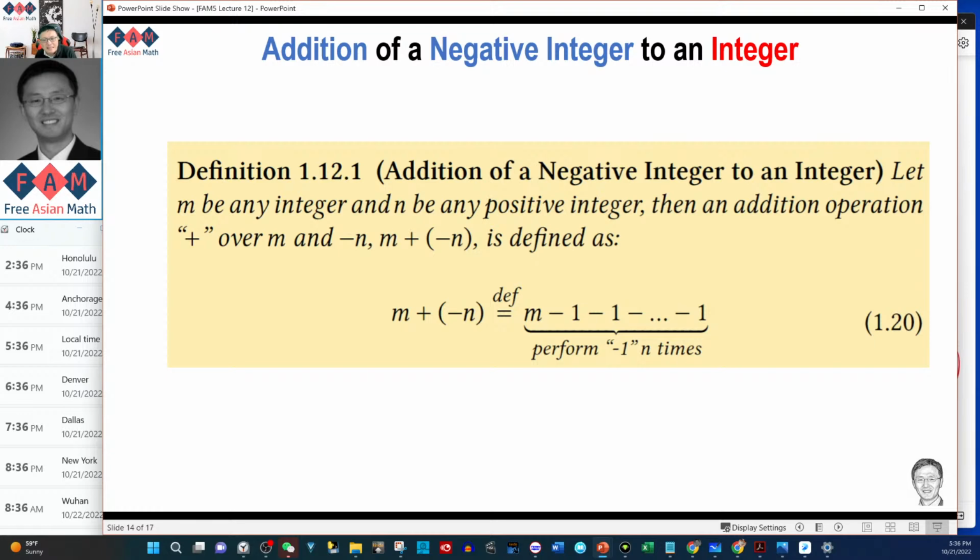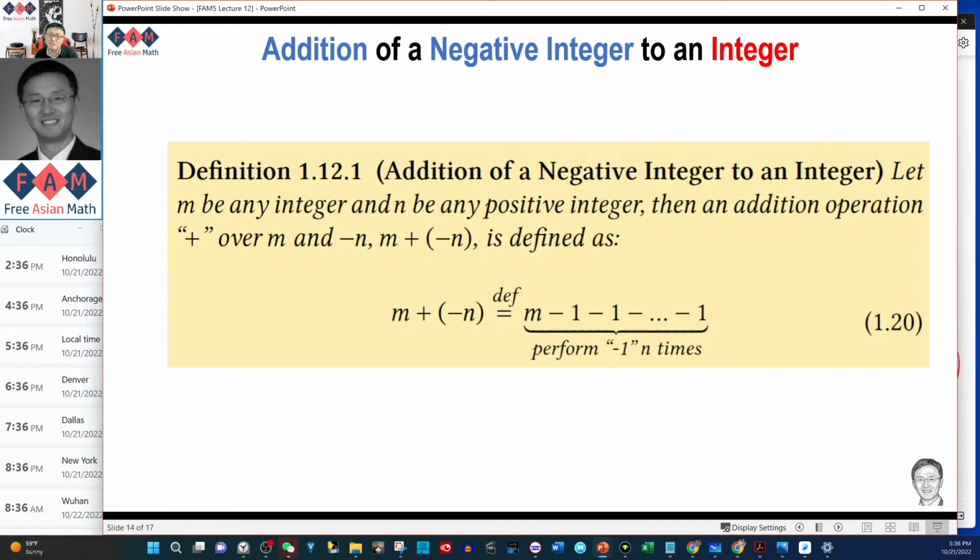We just want to decrement n times from the first number, which is being added to. Does that make sense? So now you understand why m plus negative n is actually m minus n. We will see that shortly. But for now, this is just definition, okay? This is not magic. This doesn't have to be proven. This is nothing but definition.